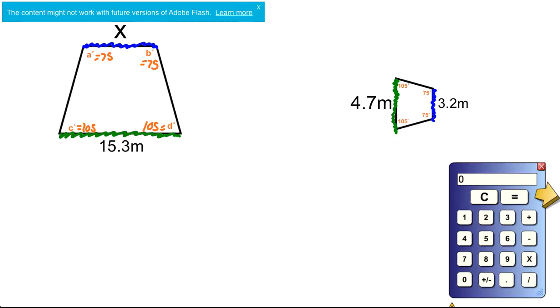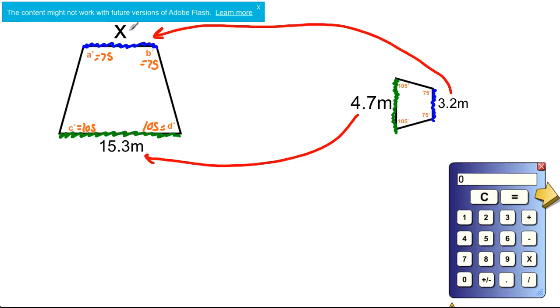Now, as for our missing side, we need to find the scale factor going this direction this time. So this time we're going from small to big. And the reason we're going this direction is I want to know what I multiply 3.2 by to get my missing side. I don't know what the change is going to be quite yet, but I do know I have to start with 3.2.